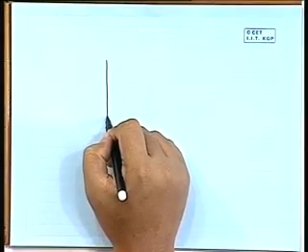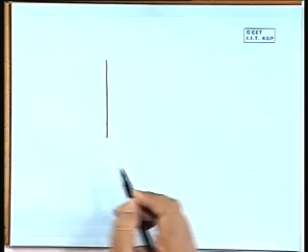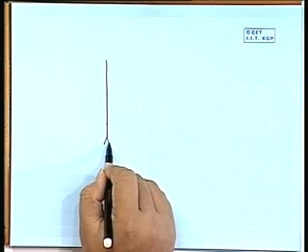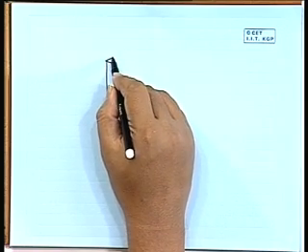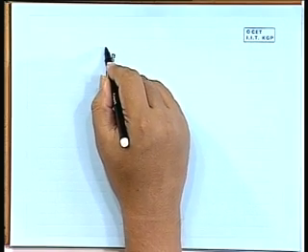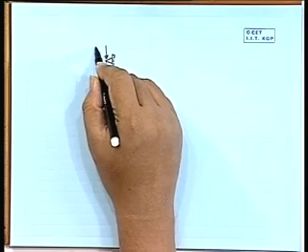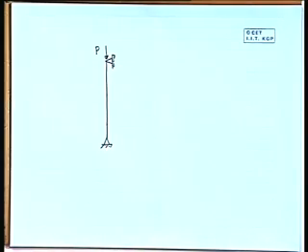Right. But if we take a long column where the length is quite predominant compared to the cross sectional property, say if we draw here, P. Say this is quite long compared to the cross sectional diameter.